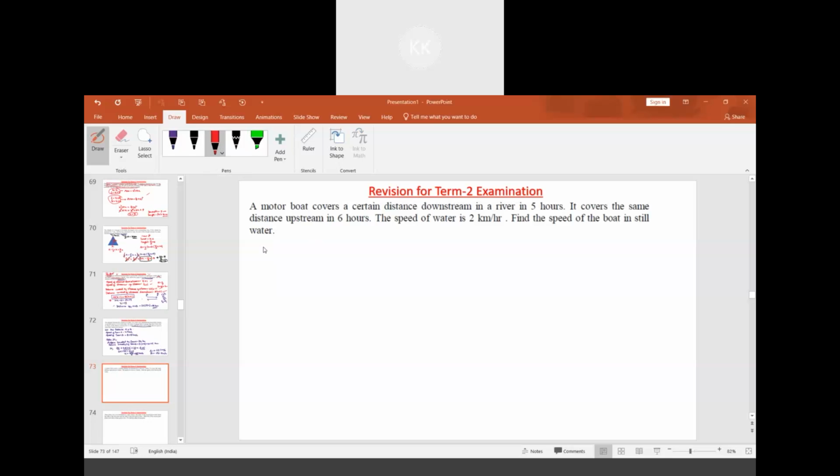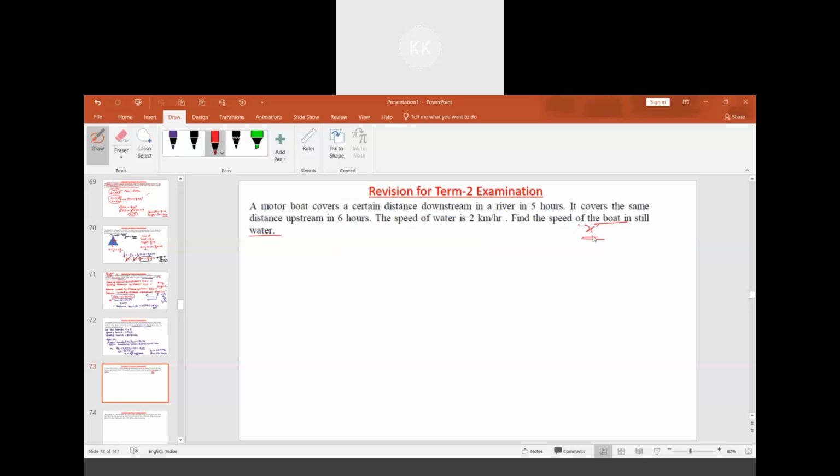Take the speed of the boat in still water as x. If you write the equation, almost you are done. We only need to find the speed of the boat in still water.